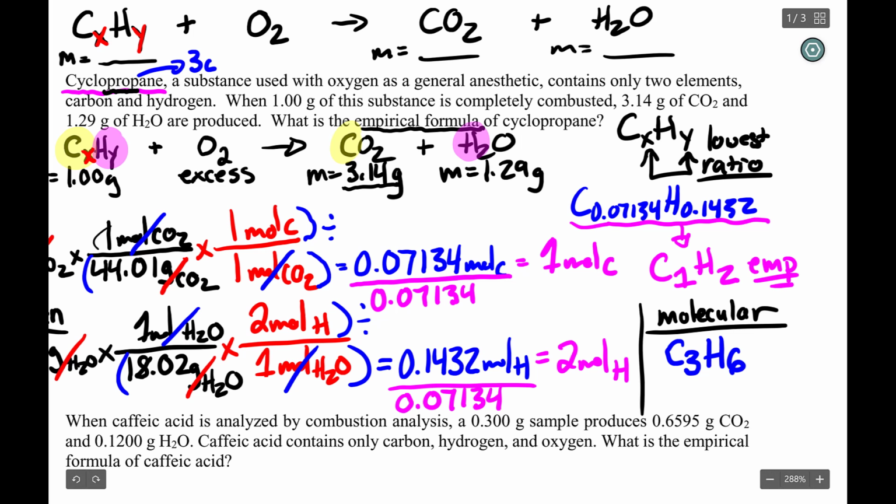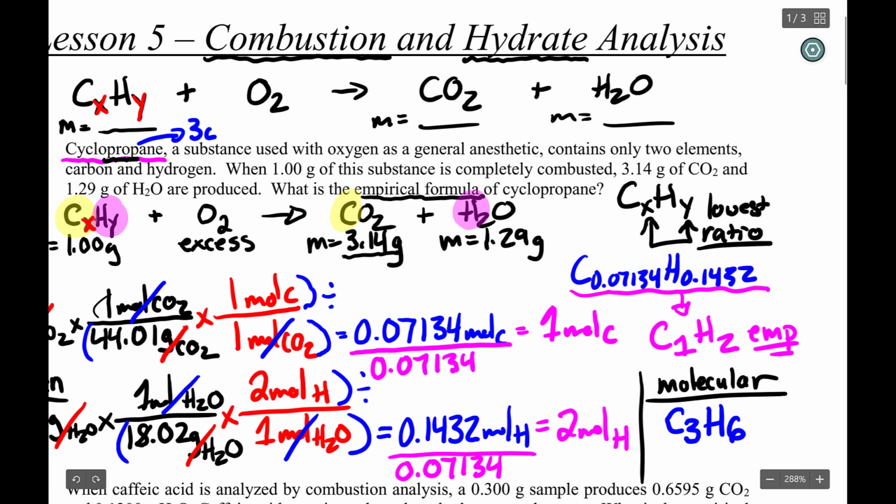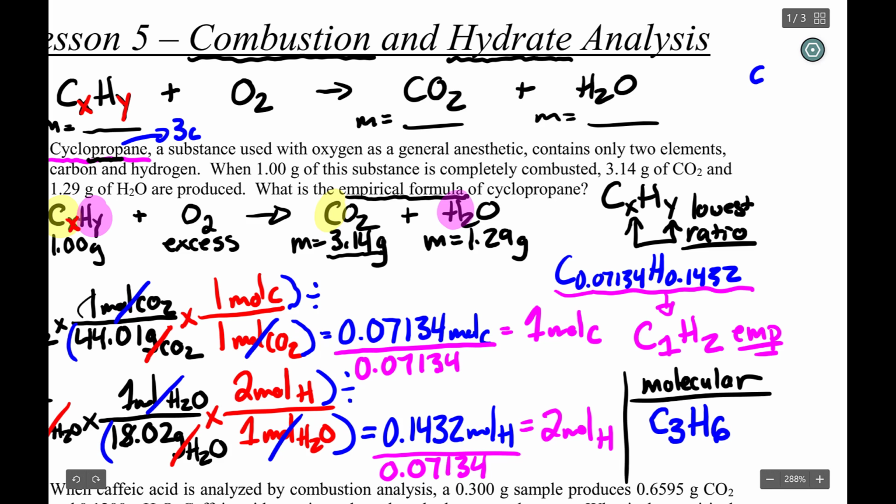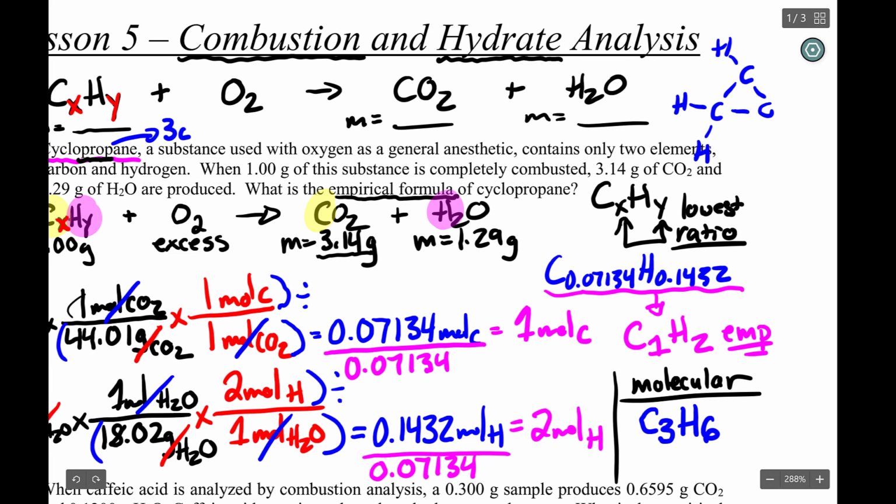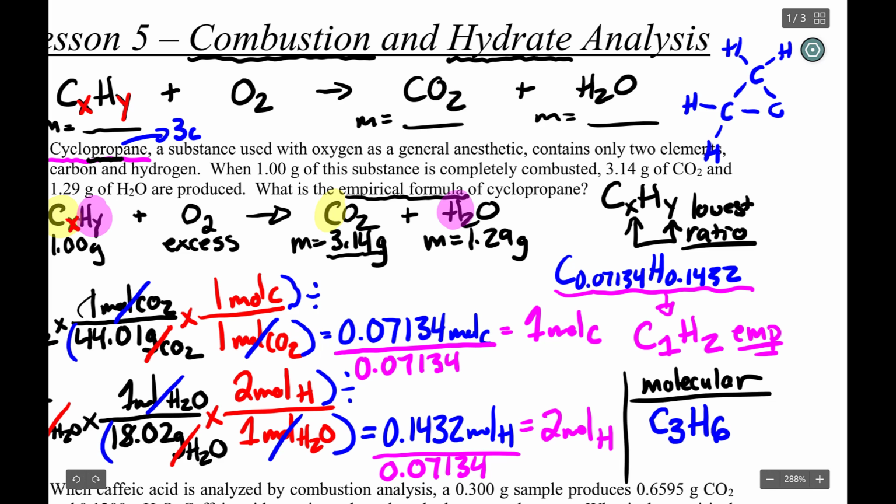This is actually the formula for cyclopropane, and it looks like this. It's 3 carbons in a triangle, and each carbon has 2 hydrogens coming off of it like that. There is a lot of strain in this molecule, and so it's not super stable due to the very tight bond angles in this triangle.